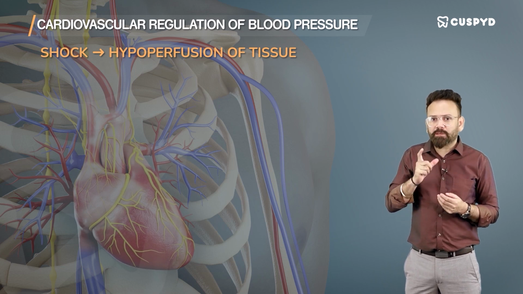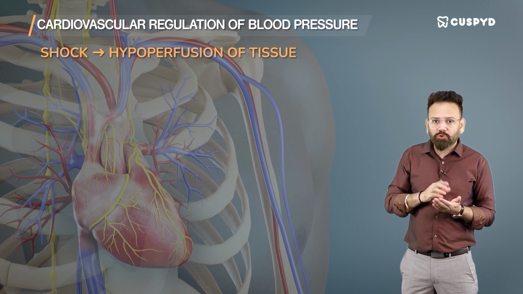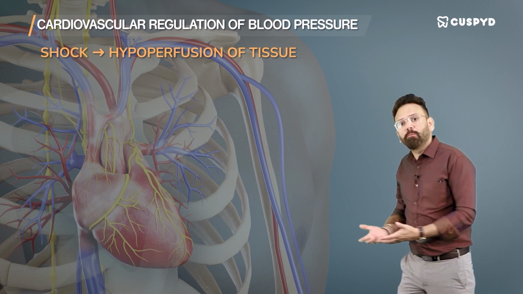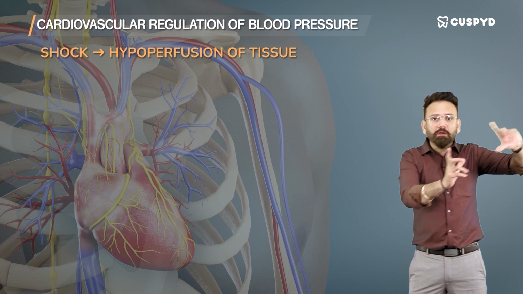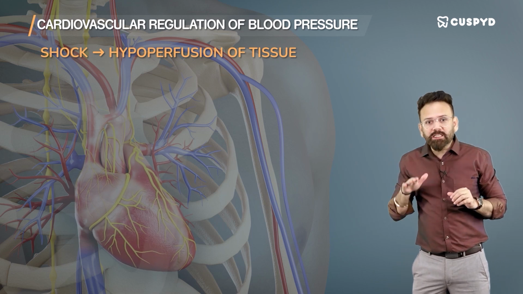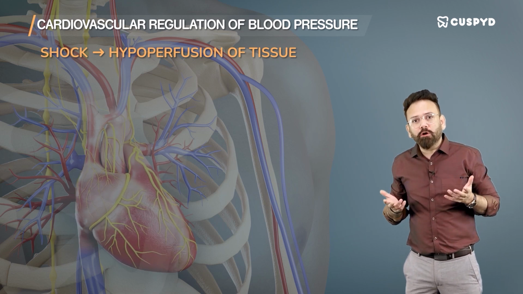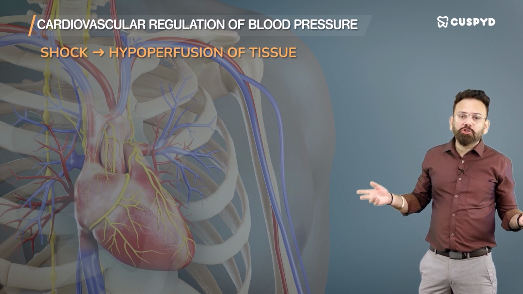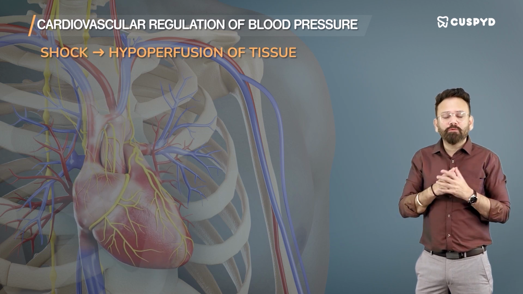Baroreceptors can also decrease it, but the main mechanism is to increase because the main danger is that we can lose our blood. If we lose blood, it can decrease the BP, so how is it controlled? If it is not controlled, we will get into shock. What is shock? Hypoperfusion of the tissue.